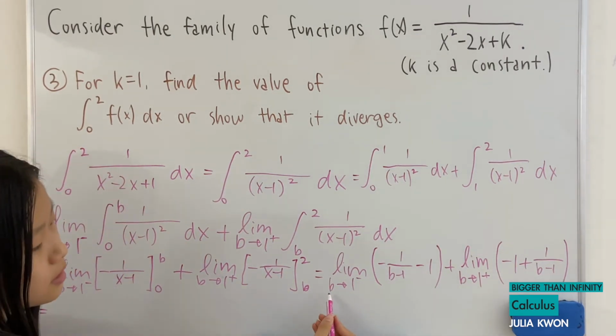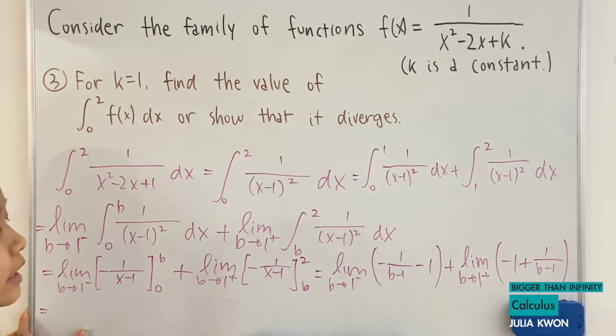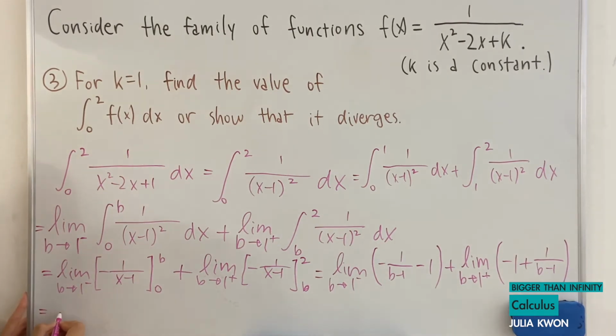Since b approaches 1 from the negative side, we're just going to substitute b as something like 0.9. That's pretty close to 1, and it's from the negative side. So it would have negative 1 over b, which is approximately 0.9, minus 1.